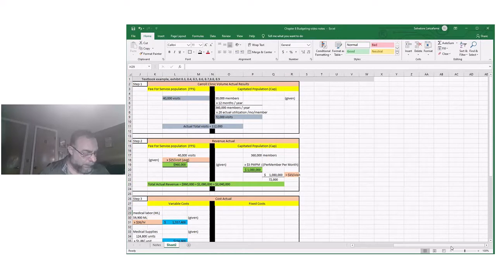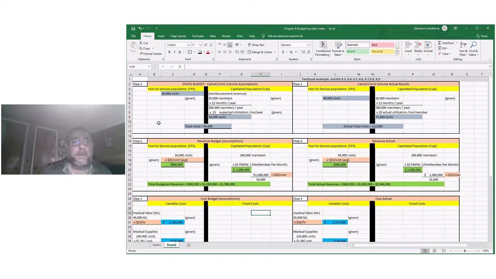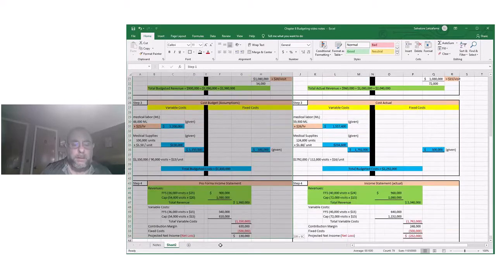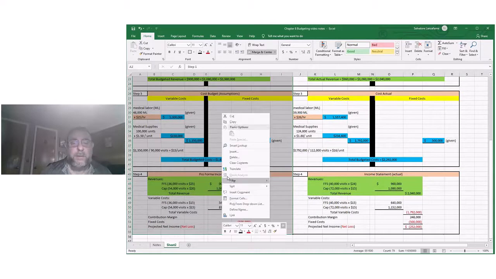With the flex budget, I wonder if I can copy this. It would probably be easier, and then I'll just make my changes accordingly.